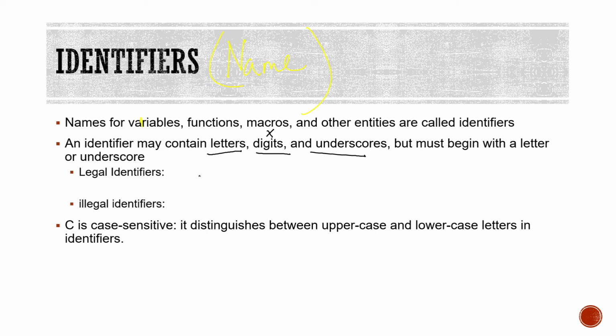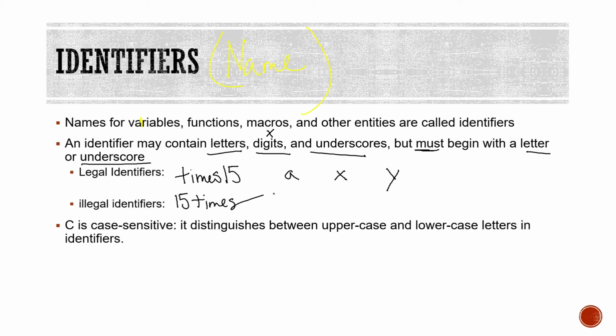Legal names for a variable can be something like times15, or I can name that variable A or X or Y. But something I can't do is something like 15times, because it must begin with a letter or an underscore.